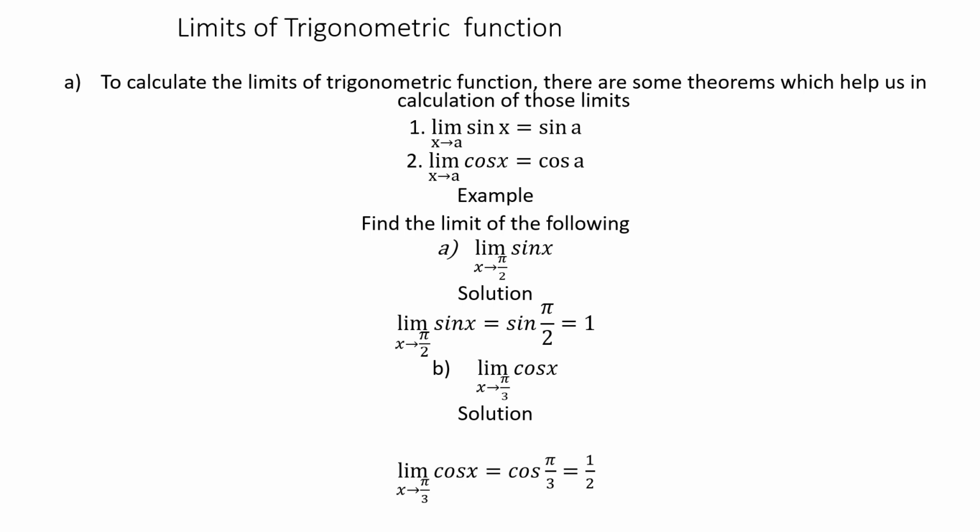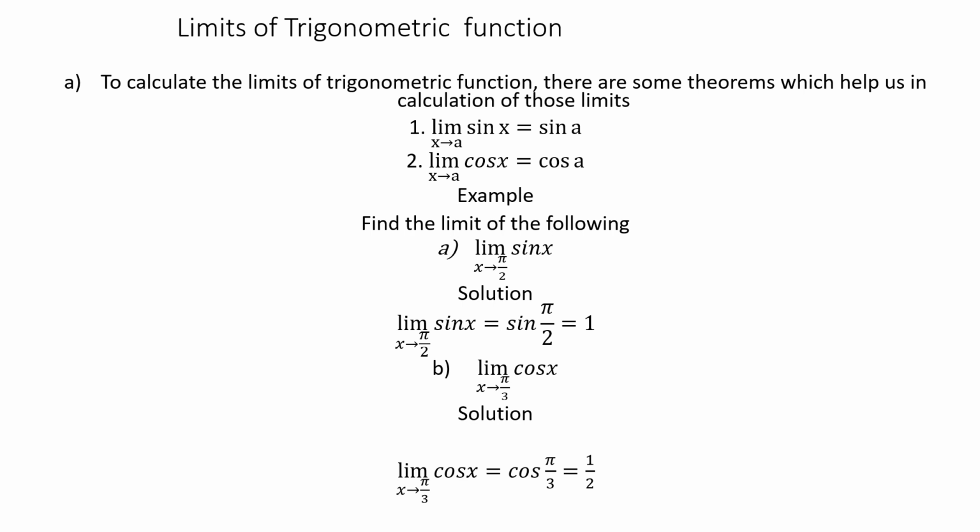The limit as x tends to a of sin x is sin a. You replace x by a. From the definition of the limit, we know that as a variable tends to a number, the function is tending to what?